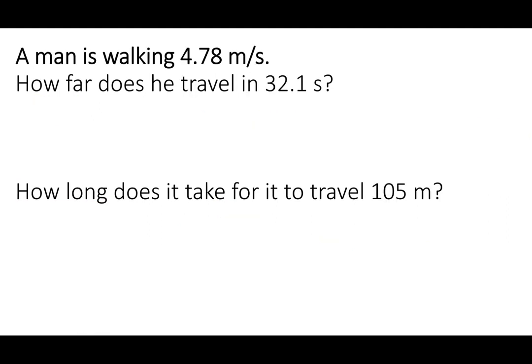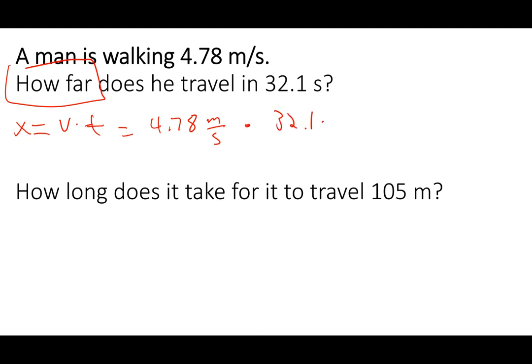Let's do another example. It says a man is walking 4.78 meters per second. How far does he travel in 32.1 seconds? How far? That's x. That's the equation for x, which is v times t. And if I plug in, I have 4.78 meters per second. That's my v, times 32.1 seconds. That's my t.